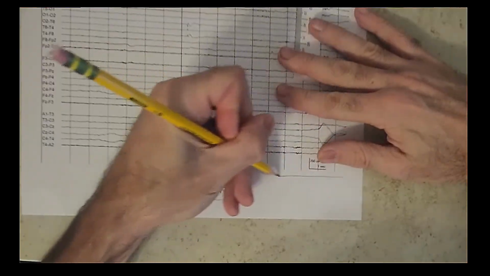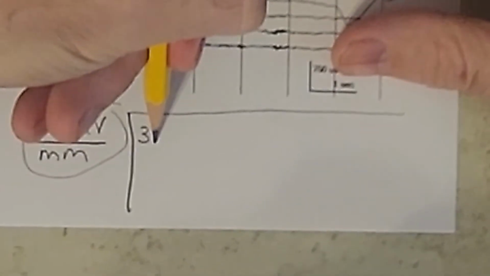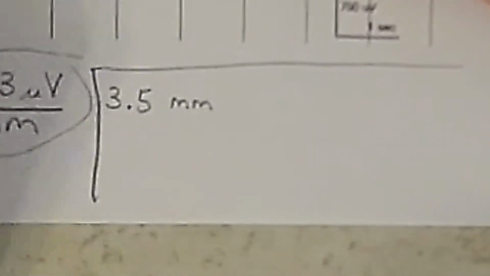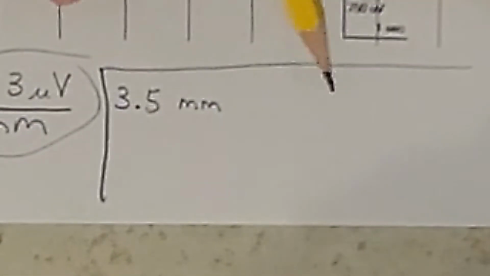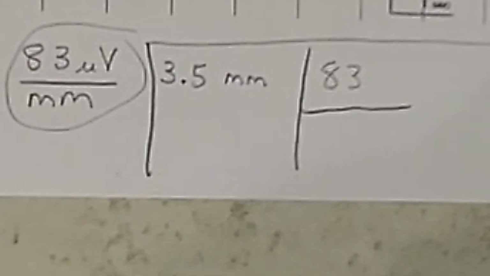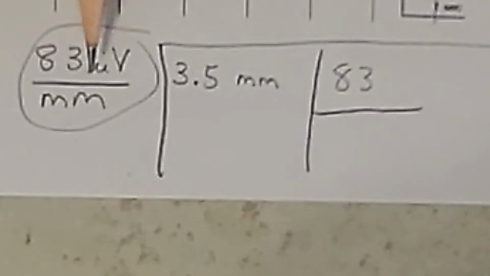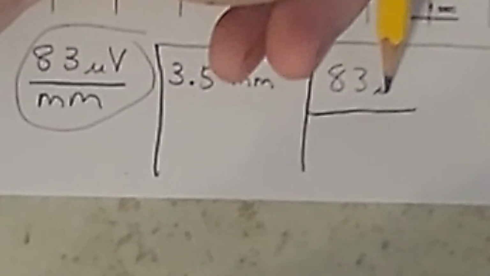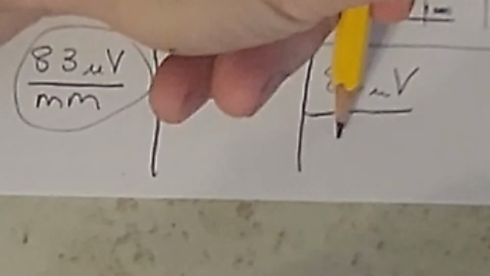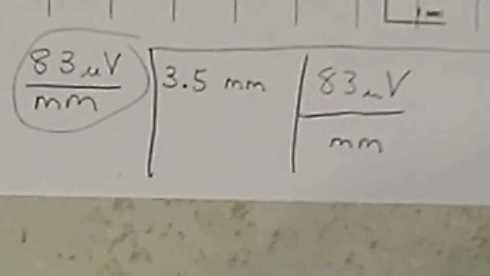Okay, so we'll start a new box here. So we measured that spike to be 3.5 millimeters. Now what we're going to do is to the right of this, write out our sensitivity. And we've already calculated our sensitivity to be 83 microvolts per millimeter. So 83 microvolts per 1 millimeter, or you can just write millimeter.